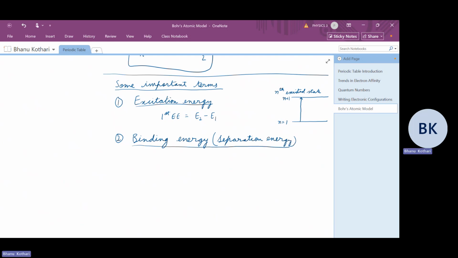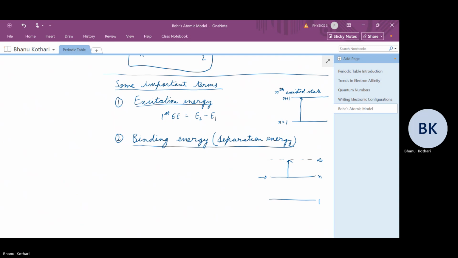Binding energy or separation energy means the minimum energy required to eject, free, or remove the electron from the nth quantum state of a hydrogen atom or any hydrogen species. If the electron is in any particular excited state and you want to remove the electron from the atom, to bring it to infinity, this amount of energy will be called the binding energy or the separation energy required for the electron to be removed from the atom.